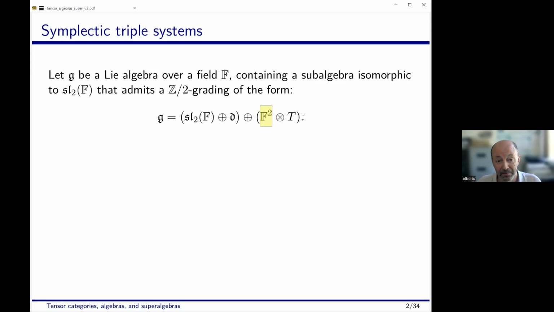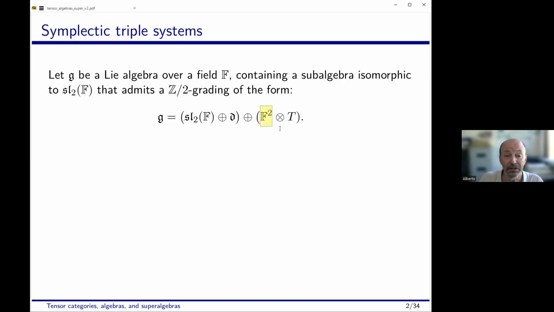We have a number of copies of the trivial module, which consists of just the centralizer of our subalgebra SL2. So this is a subalgebra. The adjoint module and this bunch of copies of the two-dimensional module.